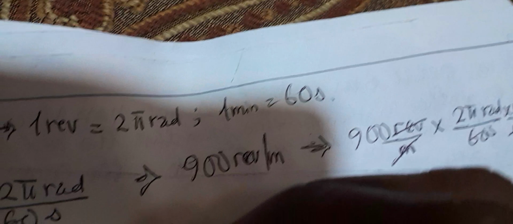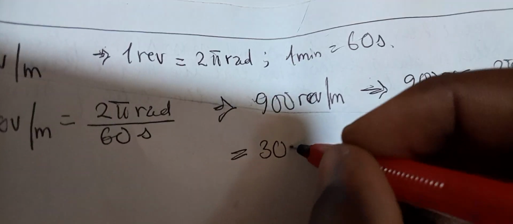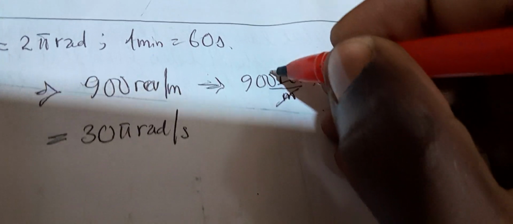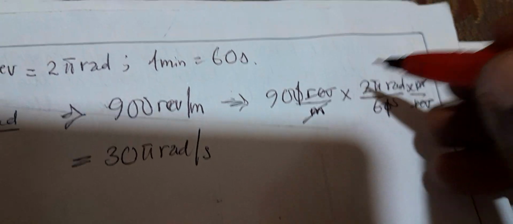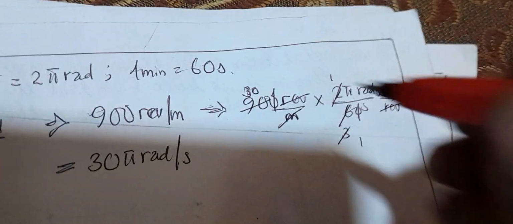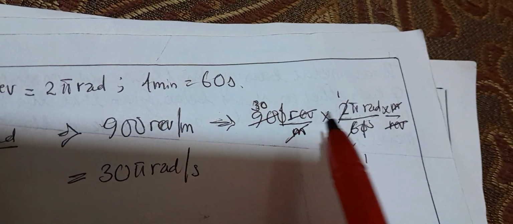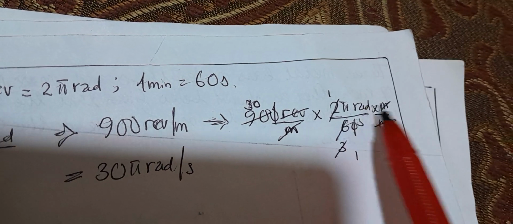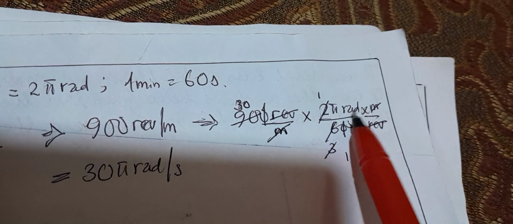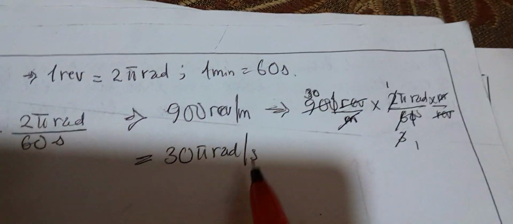So what is happening here is 0 will cancel 0, 2 here 1, 2 here 3, 3 here 1, 3 to 90 will be 30. So the units remaining are 30 pi rad per second. That's how we got this.